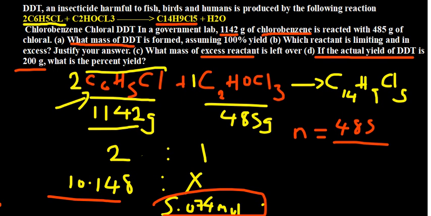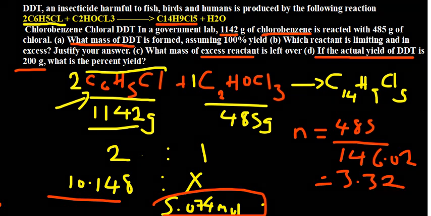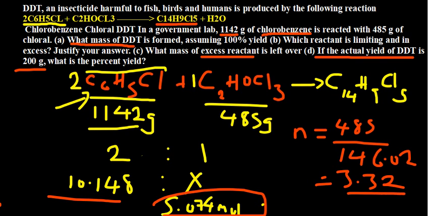So it's approximately 35. Okay, so after adding, you find that you get 146.02. Okay, so what do you get after dividing? 485 divided by 146, you have approximately 3.3. So what does this tell you? This tells you that these are the number of moles available.